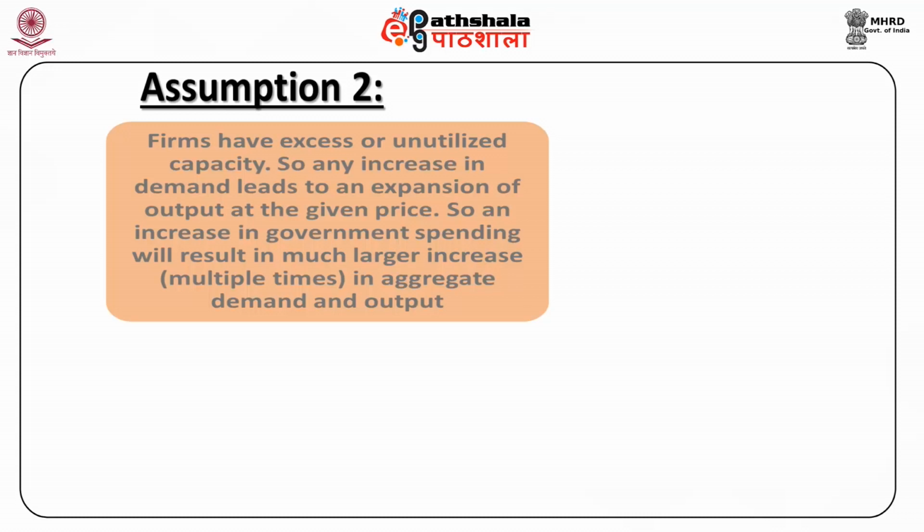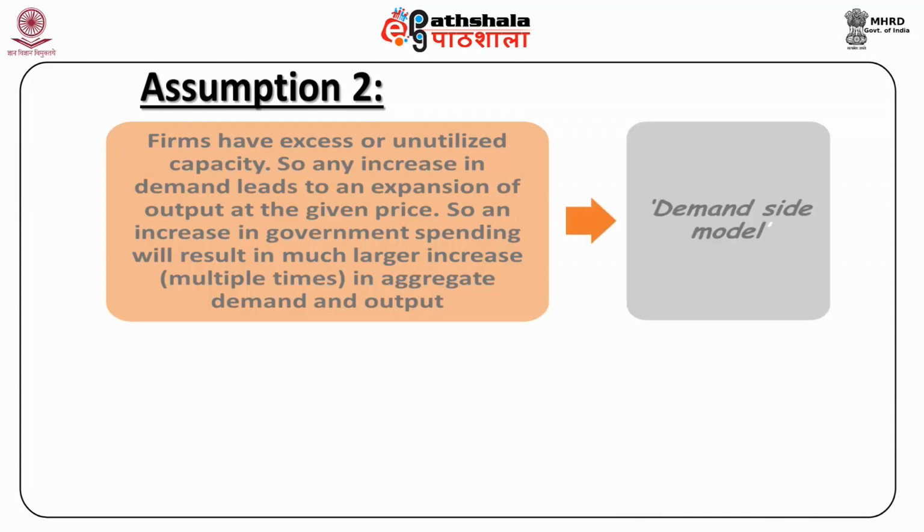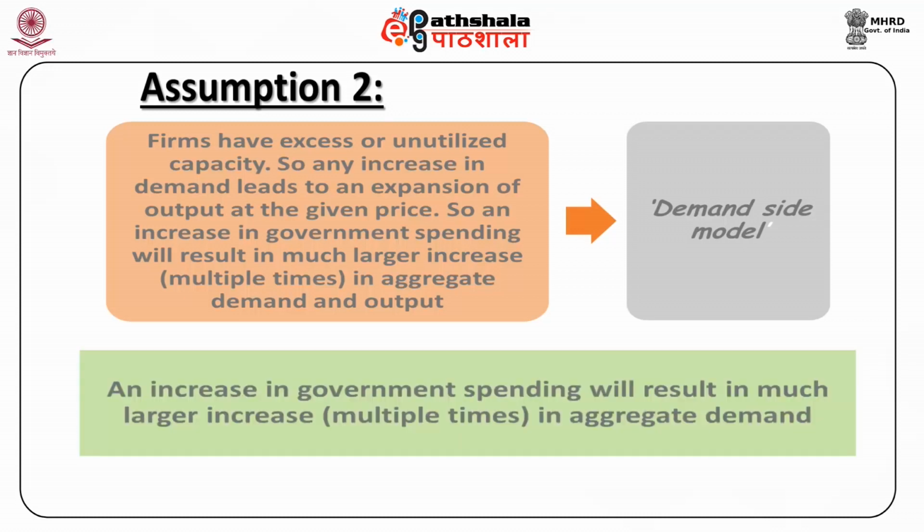So, an increase in government spending will result in much larger increase or multiple times in aggregate demand and output. The second assumption makes this model essentially a demand side model. One of the implications of the model is that an increase in government spending will result in much larger increase, multiple times, in aggregate demand.